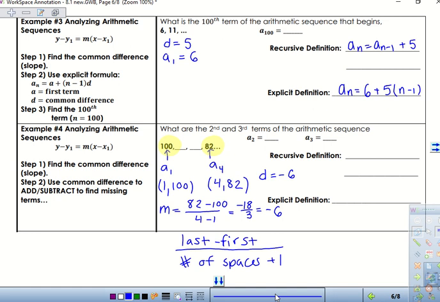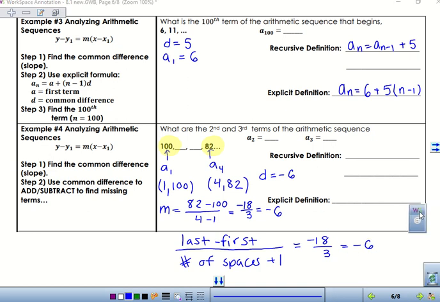So last minus first would be 82 minus 100 over, how many spaces are there? Plus 1 is 3, so it would be negative 18 over 3, which would be negative 6. So that's a little bit of a trick you can use, but whatever method you prefer works. Okay?